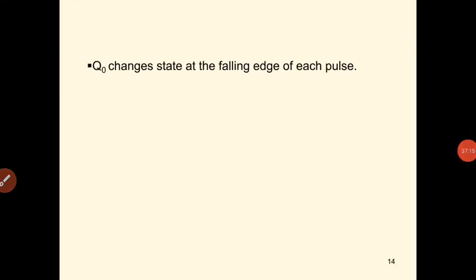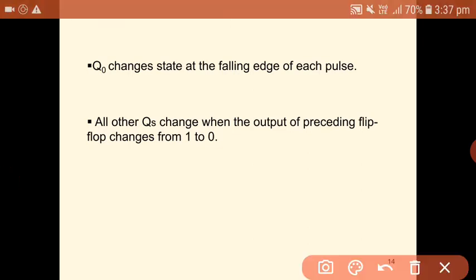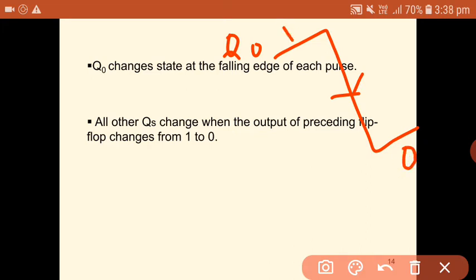Next, if you observe, Q0 changes state at the falling edge of each pulse, and all other outputs change when the output of the preceding flip flop changes from 1 to 0. Whenever Q0 is changing from 1 to 0, then only Q1 toggles.